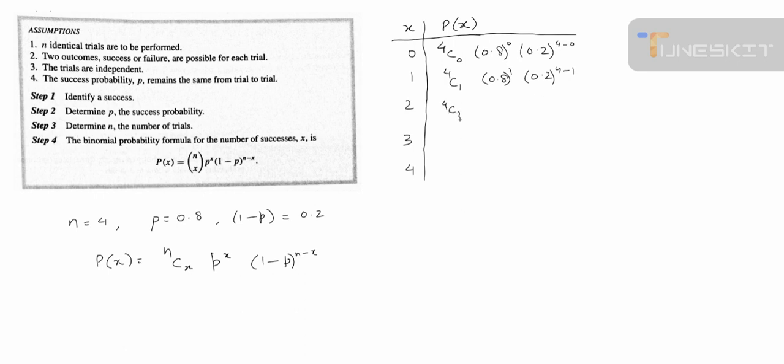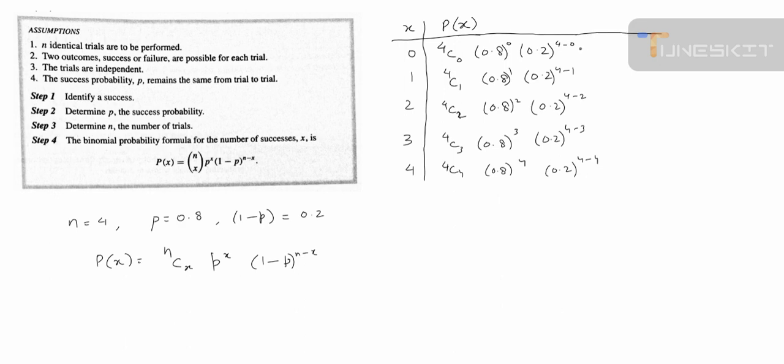Then we have 4C2, 0.8 to the power 2 and 0.2 raised to the power 4 minus 2. Then next is 4C3, 0.8 to the power 3, 0.2 to the power 4 minus 3, then 4C4, 0.8 to the power 4, 0.2 to the power 4 minus 4.